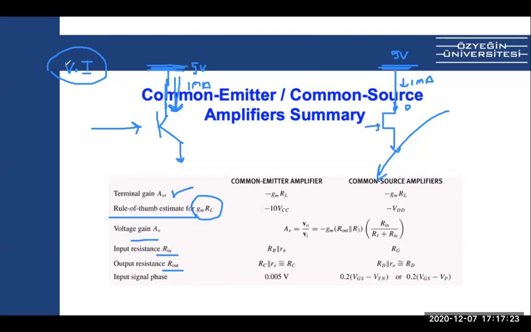Therefore, in an amplifier, we want to minimize this VDC, IDC, and we want to maximize the amplification factor. Whatever the signal here, we want a very high swing signal at the output with a small current consumption.